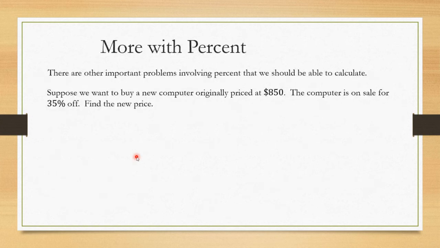Here's one that's probably more realistic, in that you're buying something and they tell you the price is decreased. It's on sale for 35% off. Here we're buying a computer. The original price was $850, but now they tell you it's on sale for 35% off.